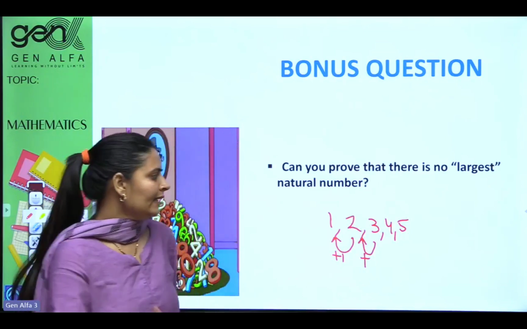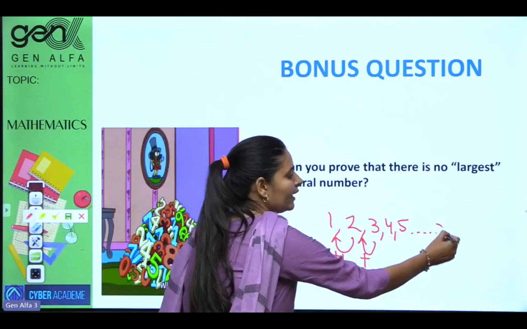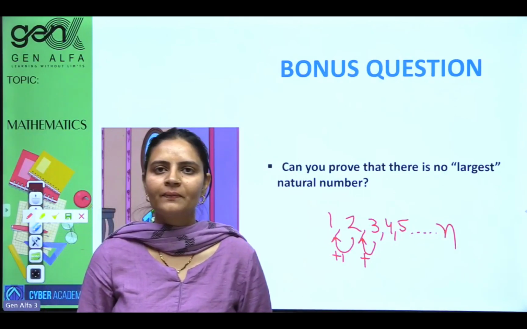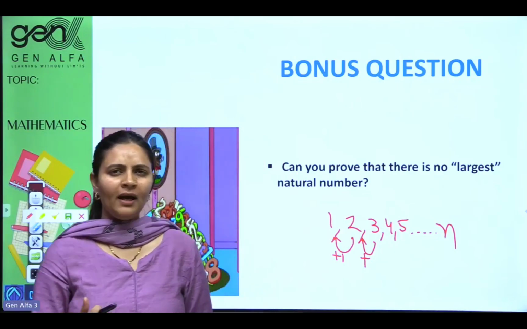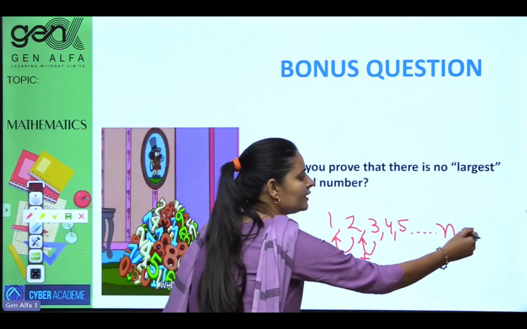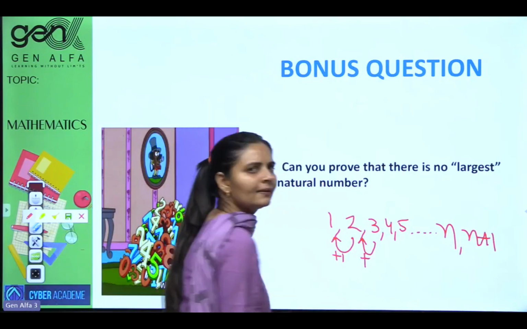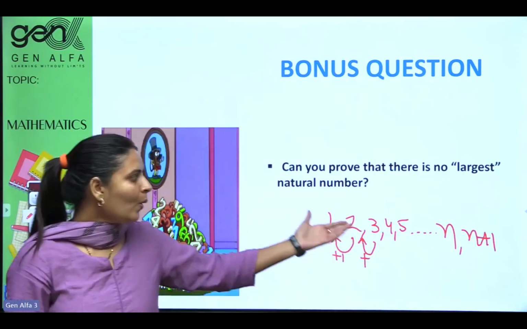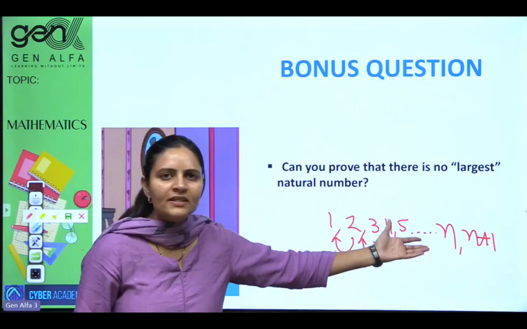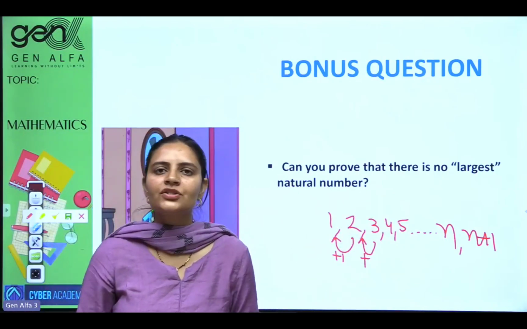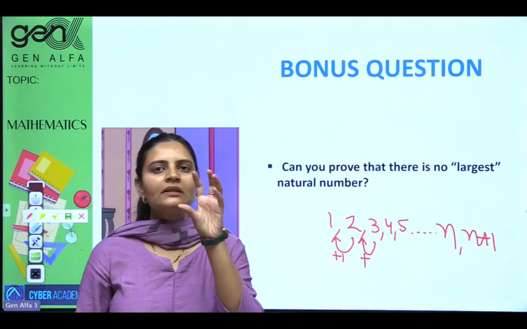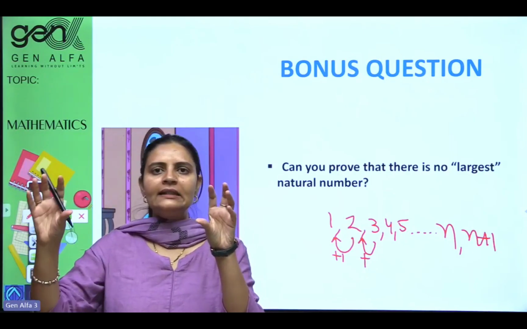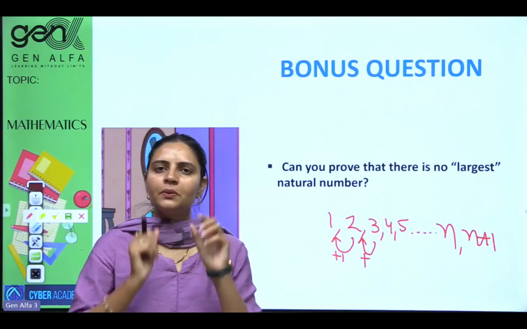Yes, let's suppose I claim that n is our largest number. Would you agree on that? Some of you would say, ma'am, cannot we find the next number just by adding 1 to it? So there is the contradiction. How can n or n plus 1 or any number be the largest number? Whatever the largest number we are claiming it to be, we can find the next number just by adding 1 to it.